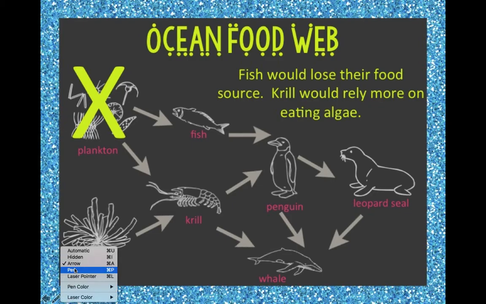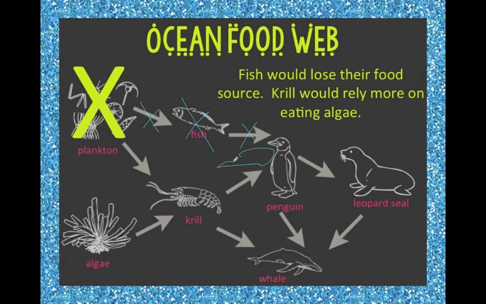So if we then lose this, fish no longer have an energy source, which means this energy source is not going to happen, so fish are going to die off, which means the transfer of energy to penguins isn't going to happen, which means that penguins now only have 1 source of energy.